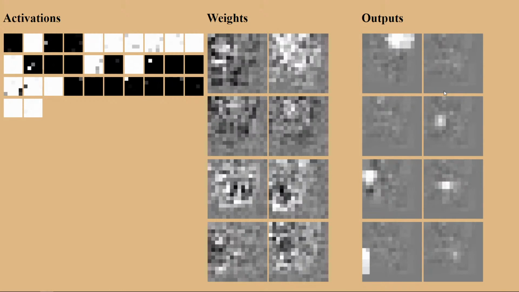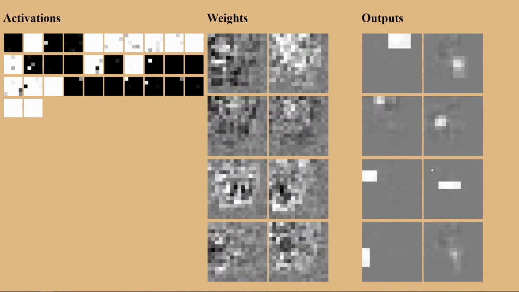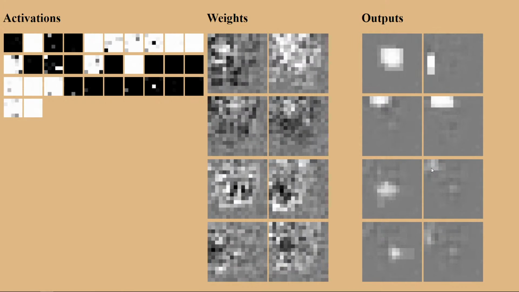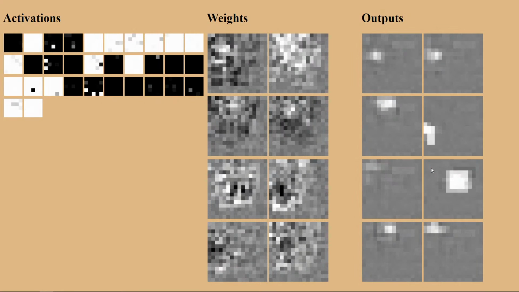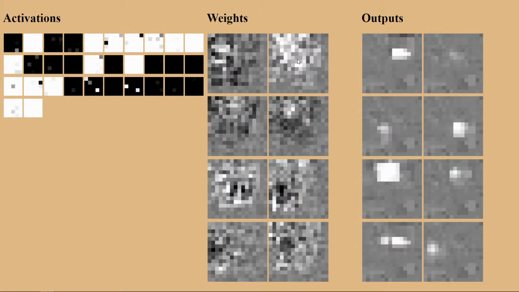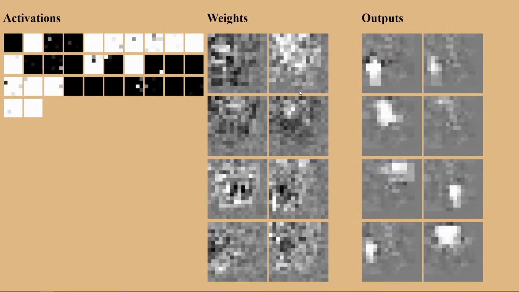Because every time we switch a batch, it has to recalibrate for each batch. And these weights look like garbage.